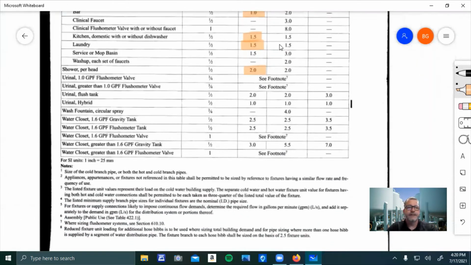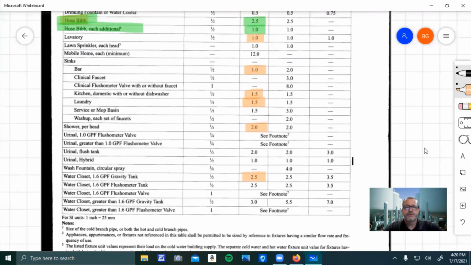We don't have a urinal in there, even though probably most people like me would love to have a urinal in their own garage, but it doesn't work out that way sometimes. Water closet, 1.6 gallon per flush gravity tank. That's what we're using right there. So that's the essential sizing parameters for what we have available in our house. These are all the values.